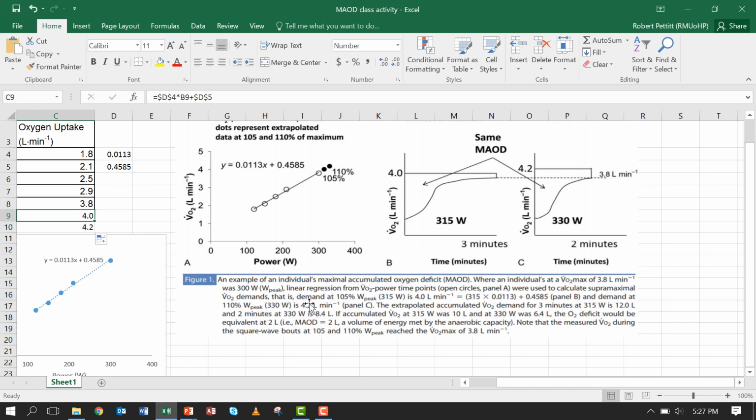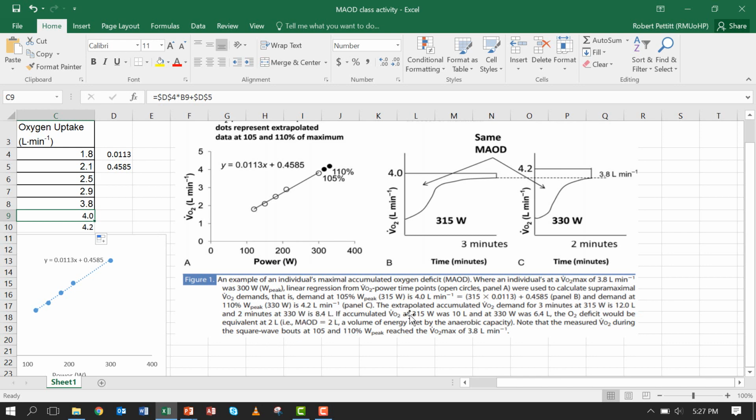And so when you do that and you subtract the oxygen demand, the demand for a 3-minute bout would be 4 times 3, or 12 liters. So you see here 315 is 12 liters. And then for 2 minutes at 330 watts, it's 8.4 liters.